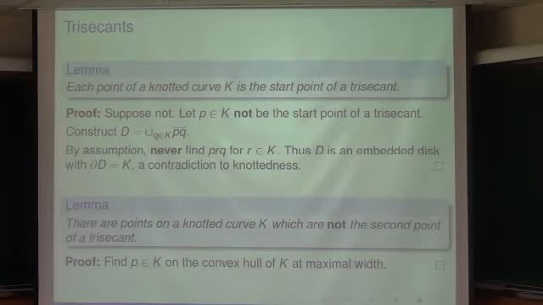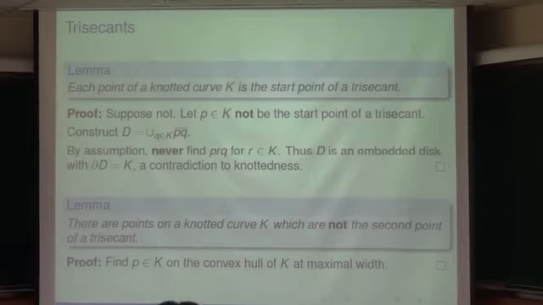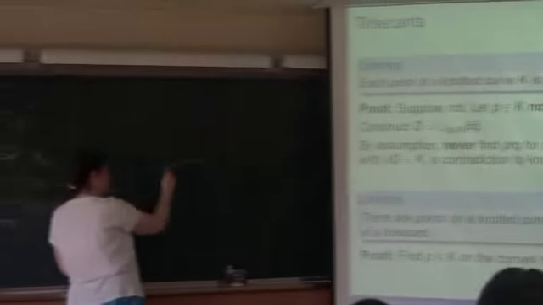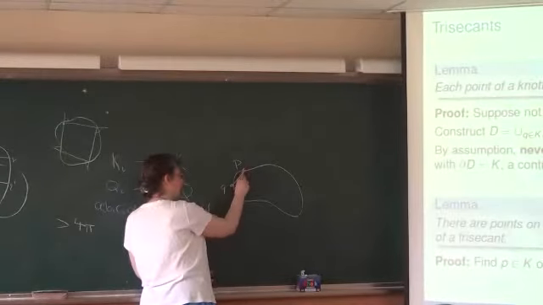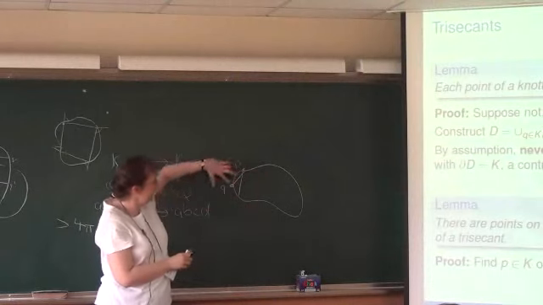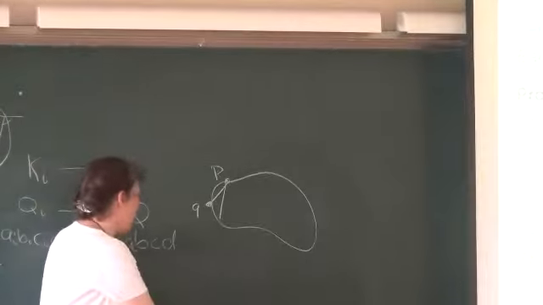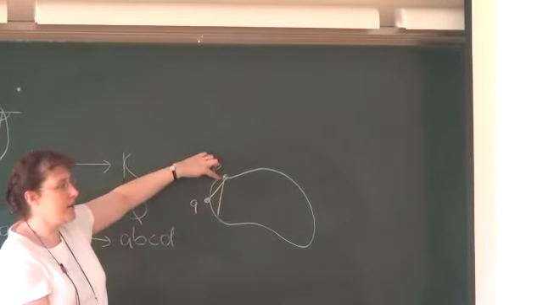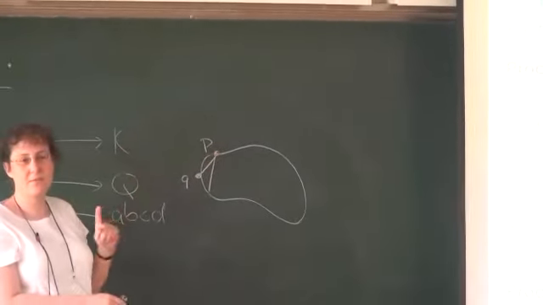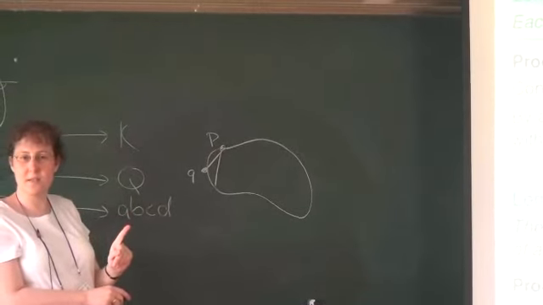But I'm going to construct a disk with that point. I'm constructing a disk made out of these line segments. And I've assumed this point is not the first point of a trisecant.